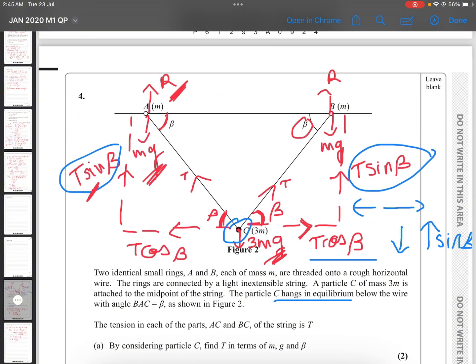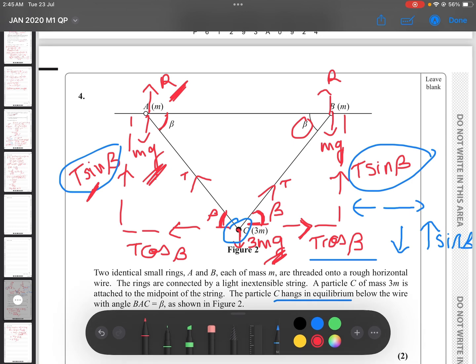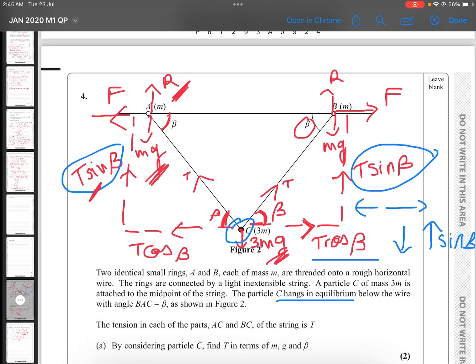As they say, they are on the point of sliding towards each other. The friction is going to act in the opposite direction, because friction always opposes motion. So the friction F is going to act this side and F is going to act this side. Okay, so let's move on.